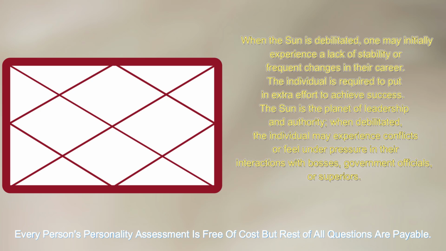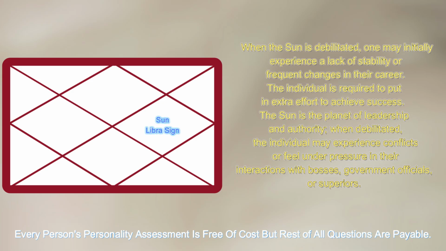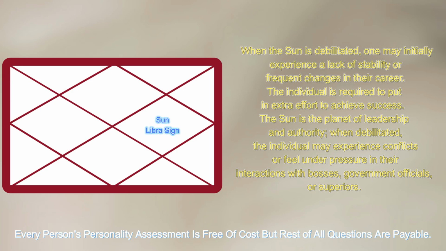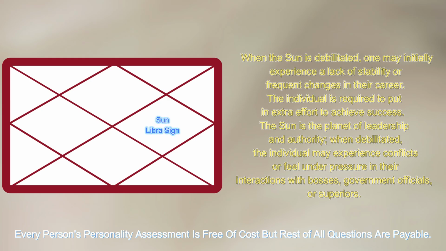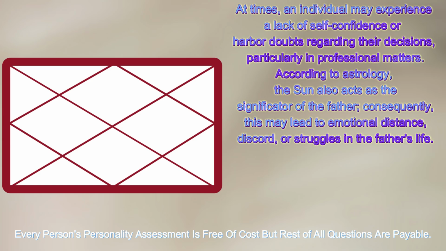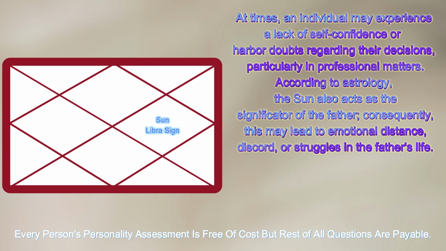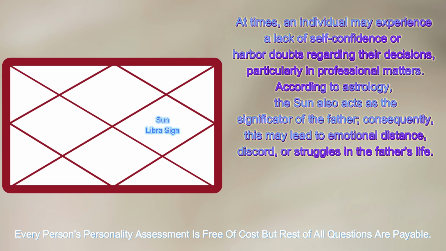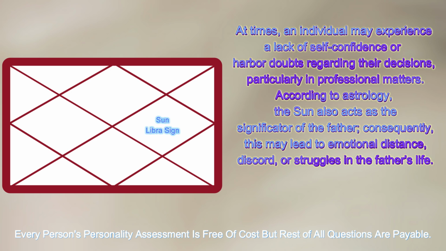When debilitated, the individual may experience conflicts or feel under pressure in their interactions with bosses, government officials, or superiors. At times, an individual may experience a lack of self-confidence or harbor doubts regarding their decisions, particularly in professional matters.